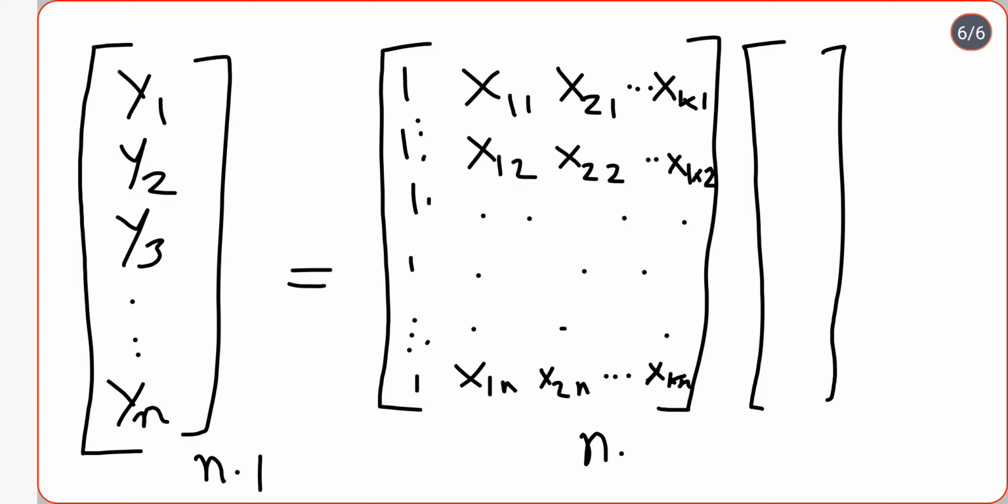The number of columns in this matrix is k plus 1, because k was the number of variables, but there is an additional column consisting of 1s, so we have k plus 1 as the number of columns.